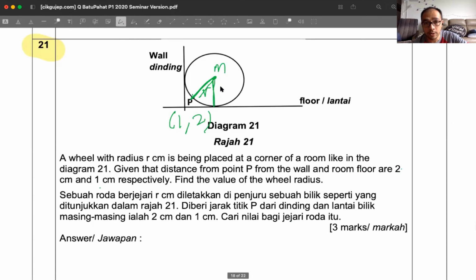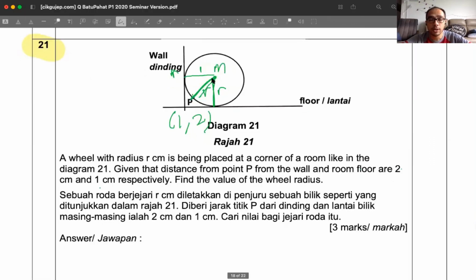This is also R and this is also R. The height over here is R and this one is also R.